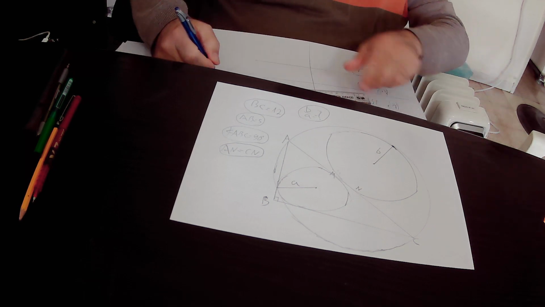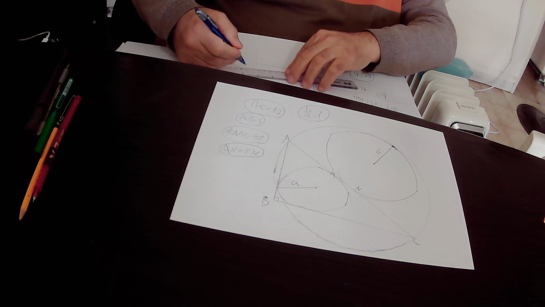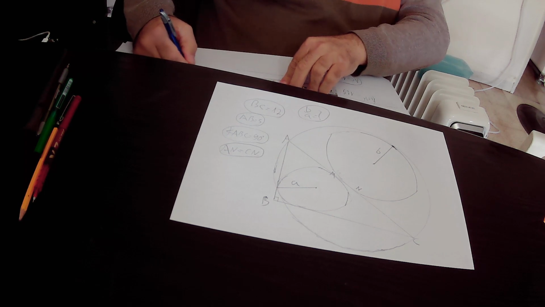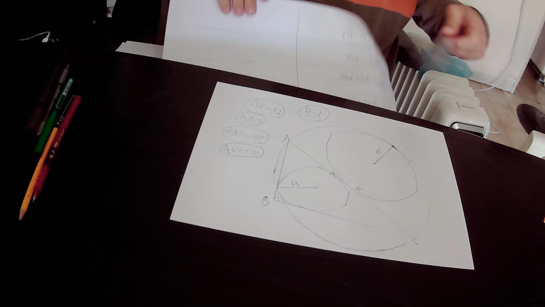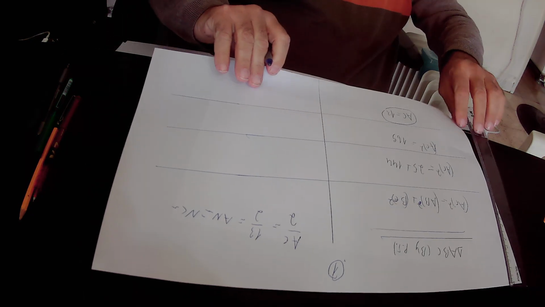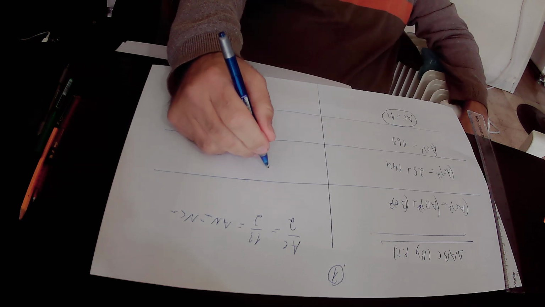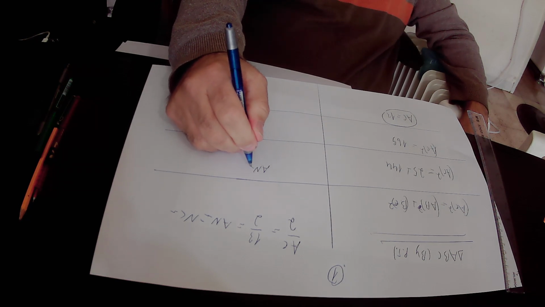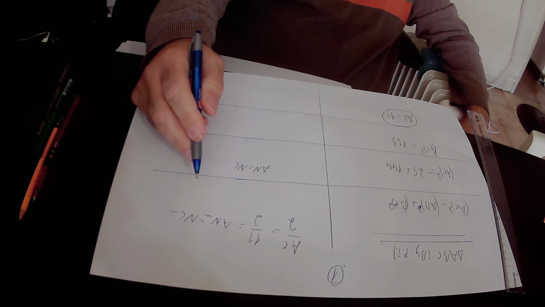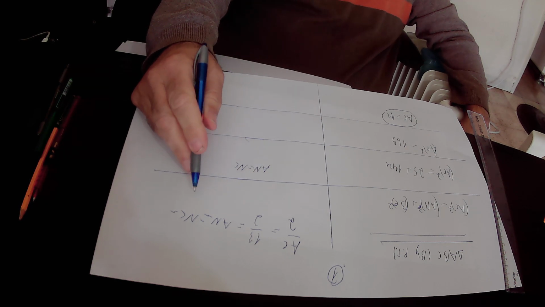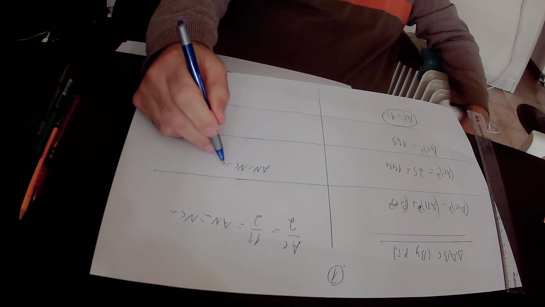So actually, we found that AN, it is given in the equation that AN equals NC. AN is the first half and NC is the second half, and each half of the hypotenuse AC equals 13 over 2.